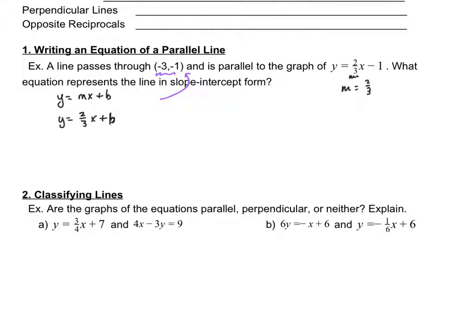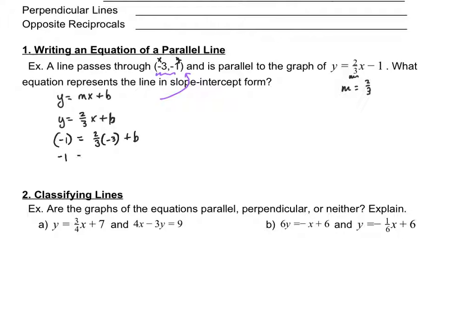So in doing that, here's my x, here's my y, so I do some substitution. So y is -1. -1 is equal to 2/3 times x, which is -3, plus b. And now I can simplify.